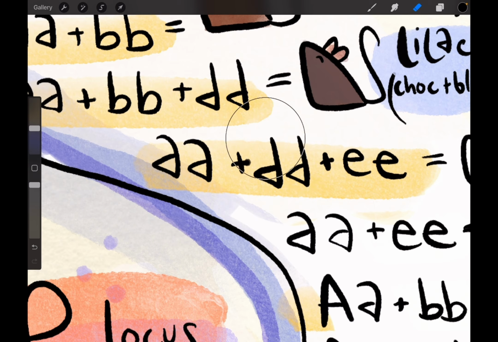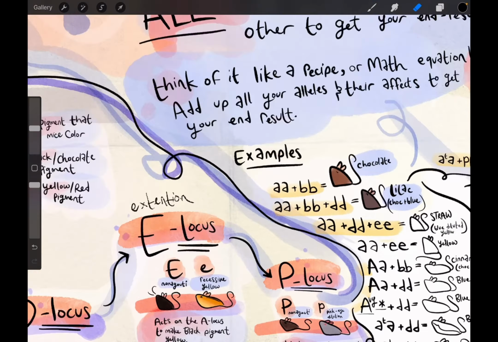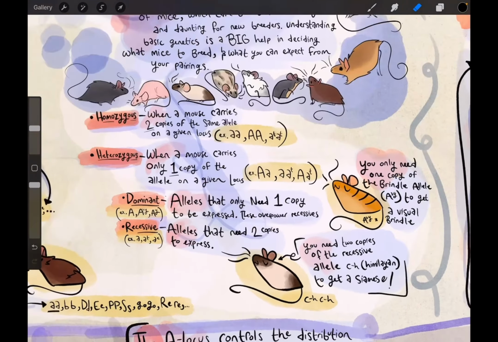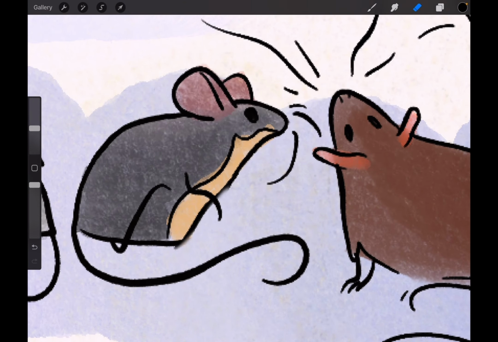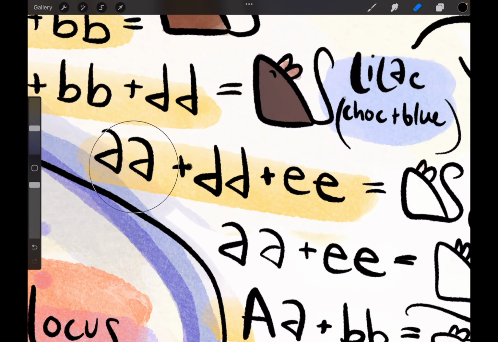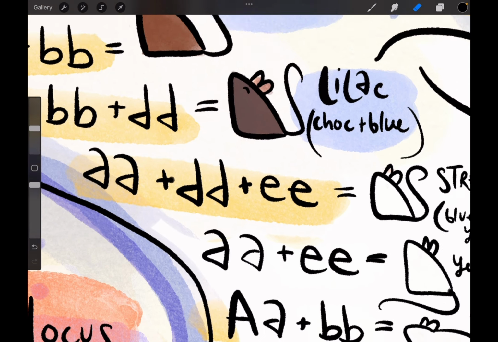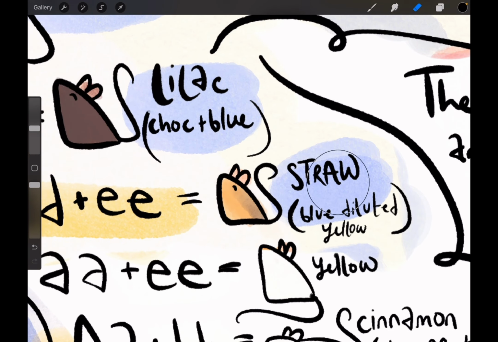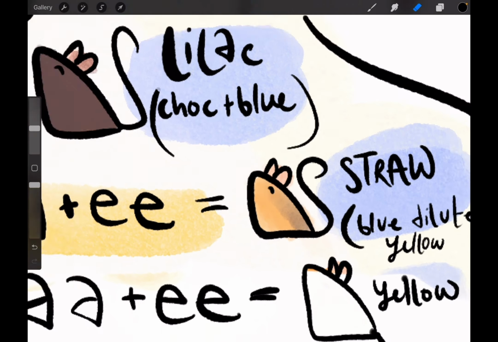And if you remember this thing, blue dilutes yellow to straw. So if you remember, if we had like an AY and it had blue, it would be a straw instead. That wonderful blue tan up here, that straw belly. So we know that because of the AA and ee together, we have a recessive yellow, plus dd gives us a blue recessive yellow, which is a straw. As you can see there, soft, creamy yellow.